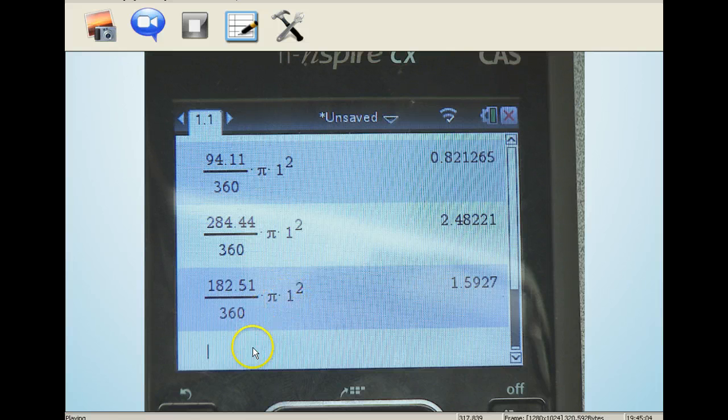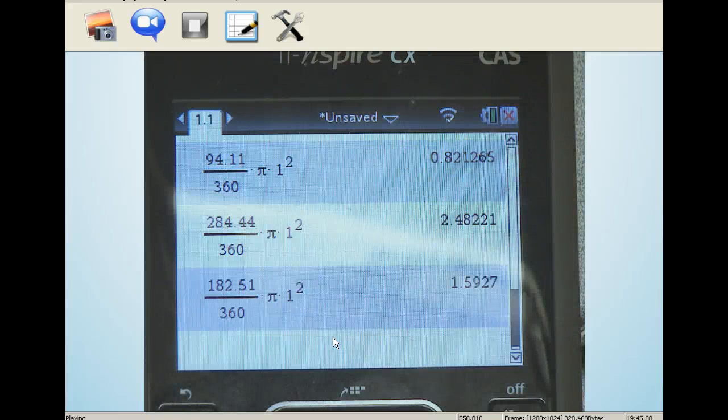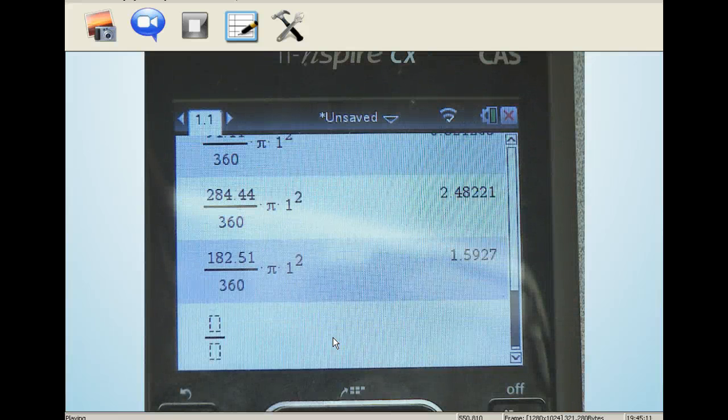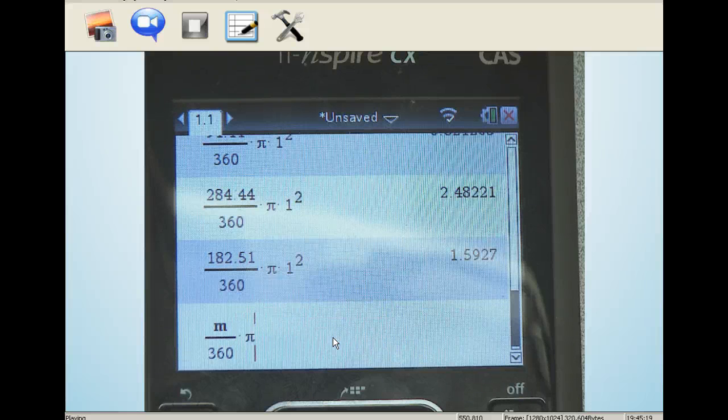So let's write a formula, and the formula I would write is going to look like this. It's going to look like m over 360 times pi times r squared.